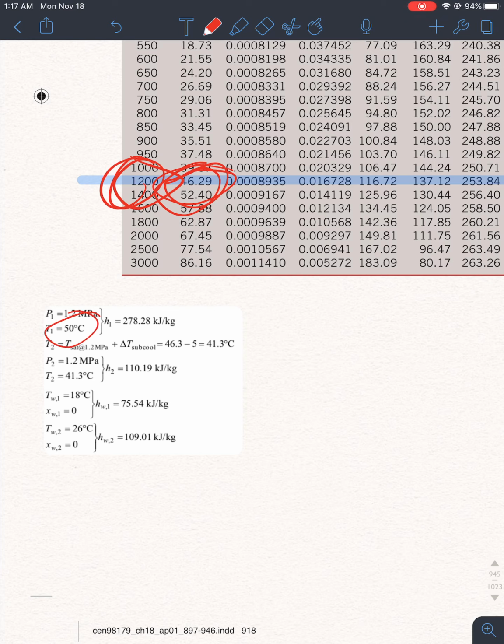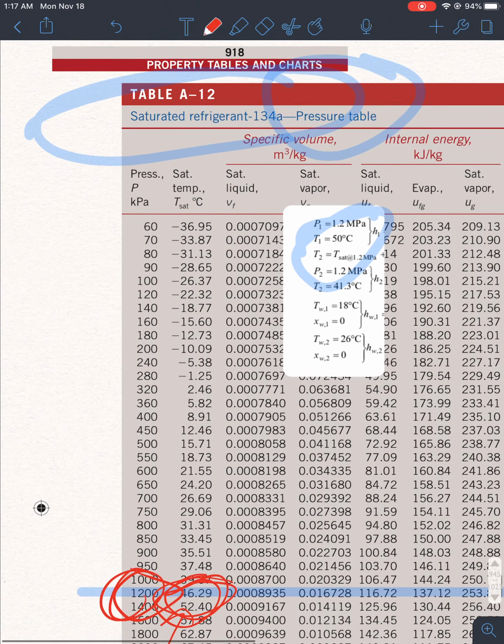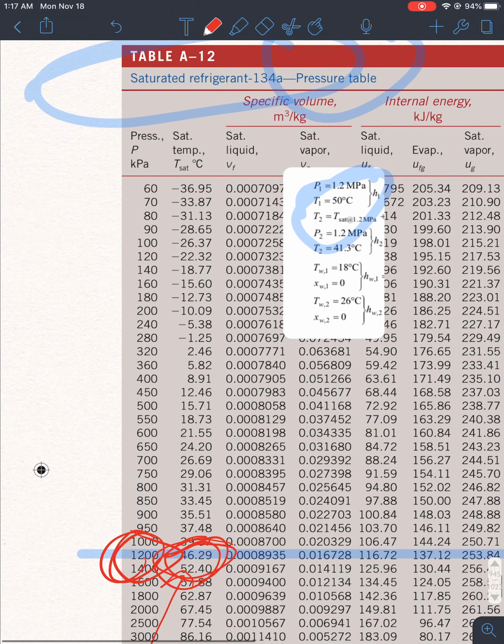All right, so here you are, 50 Celsius. Here, the temperature is above the saturation temperature. Doesn't it mean that it's superheated? Let's go to the superheated tables.